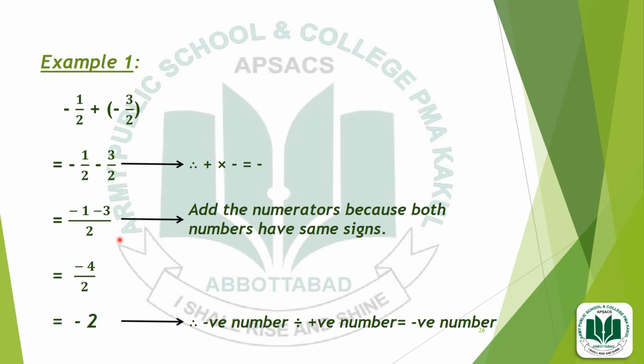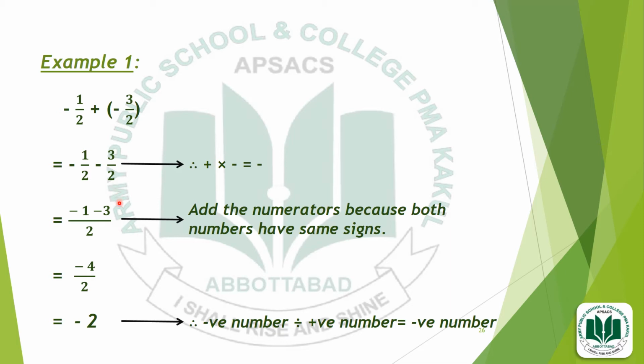We have an expression minus 1 by 2 plus into minus 3 by 2. In the first step, the two signs, positive and negative, which are appearing together, will merge into a negative sign. Now we can see that these two fractions have same denominator.